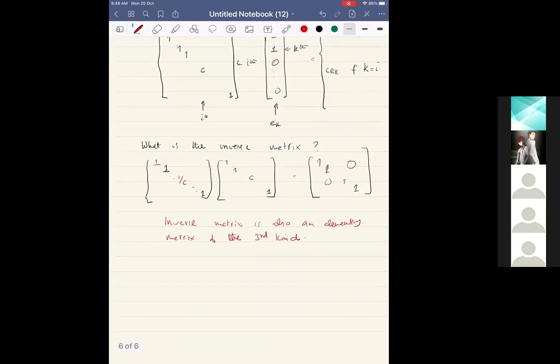And in fact, I can write it down in terms of the formula: I plus (C minus 1) times E_ii, inverse, is I_m plus (1 over C minus 1) E_ii. So this matrix is exactly this.